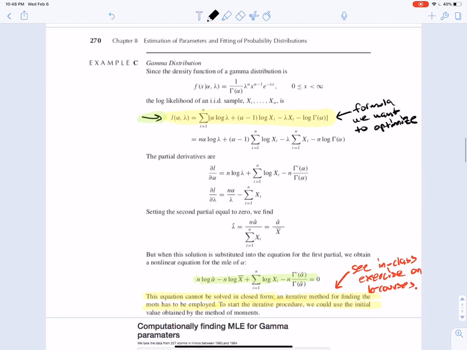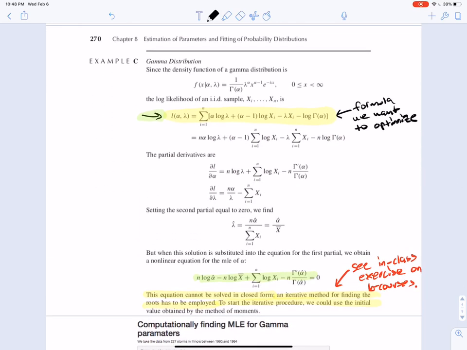Here's an example out of your book for a gamma distribution. This is 2 parameters. So the log likelihood is a function of alpha and lambda, and I've written a formula in yellow here for what we want to optimize.